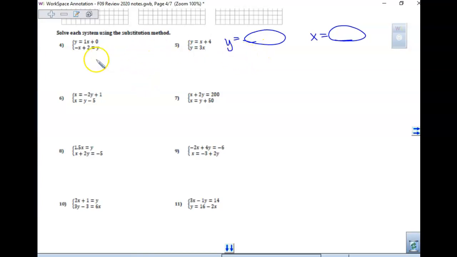So if I was looking at number 4 and I was going to do number 4, I might circle 1x plus 0, and then I might put a parenthesis here. And so now I'm going to write this exact equation, but on this side I'm going to put the 1x plus 0. Okay, so substitution.